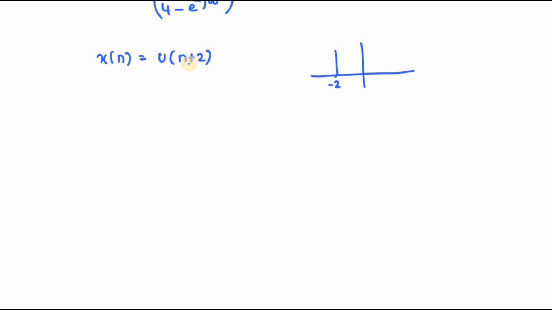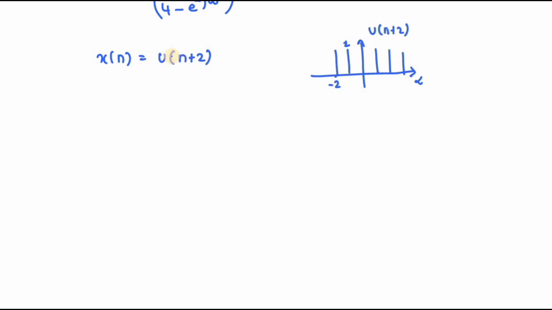If I substitute minus 1, it becomes u of 1. So this will go from minus 2 to infinity, and the amplitude value is 1.